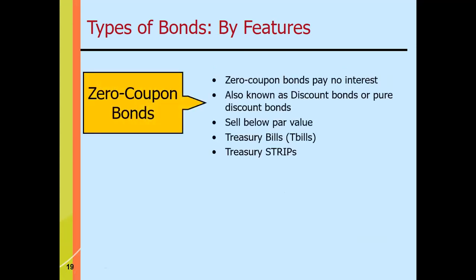Next, we also have zero coupon bonds. These bonds do not pay any interest. They are also known as discount bonds or pure discount bonds.